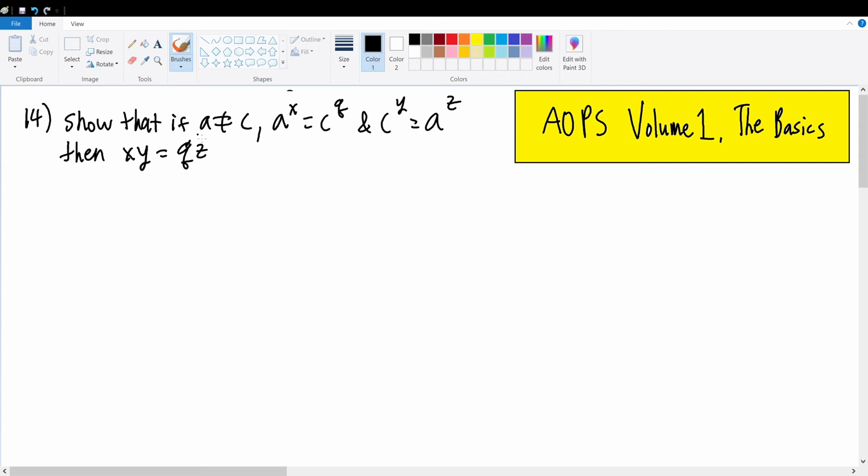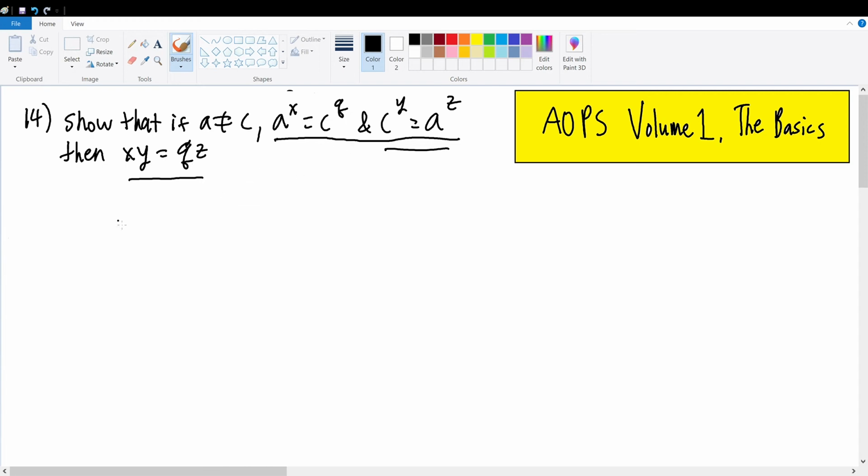When trying to prove some equation is equal to some equation given some other equation, it is important to understand how we can utilize these equations, that a to the x is equal to c to the q, and this equation, to derive x times y is equal to q times z. Try to manipulate it in whatever way you can in order to write it to be x times y is equal to q times z.